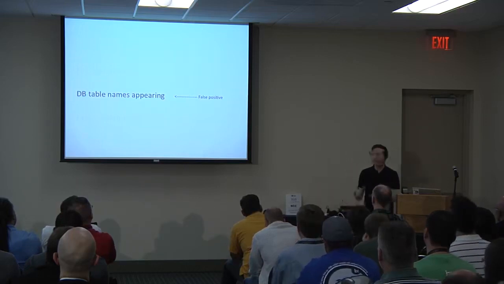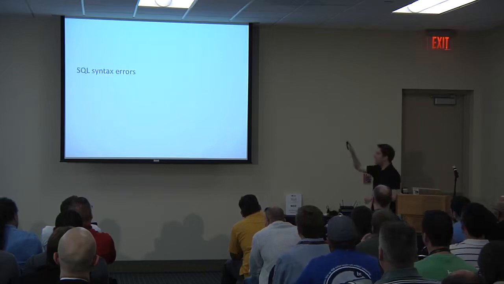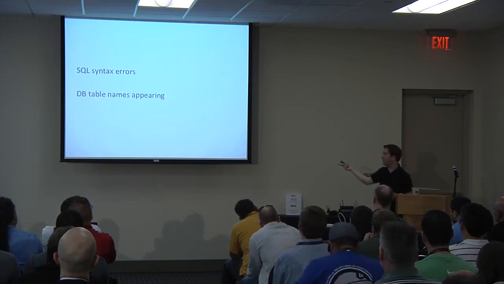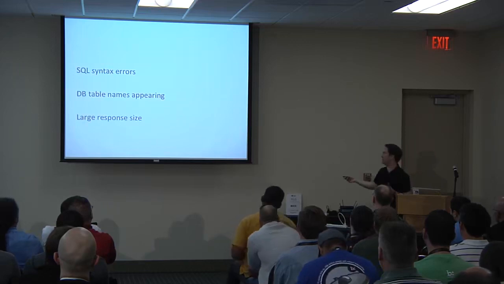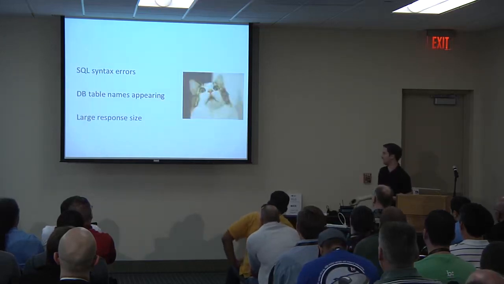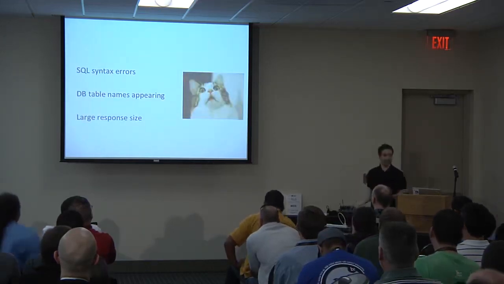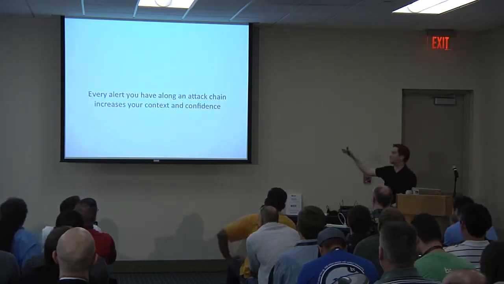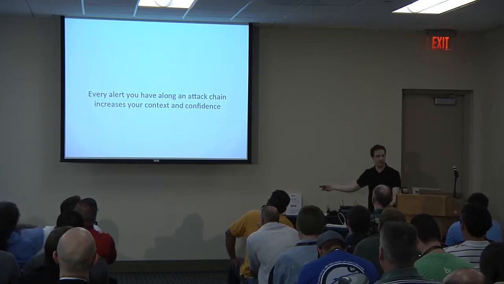But thinking from the other side, if SQL syntax errors goes off, and then database table names start appearing a couple hours later, and then a few minutes later, large response sizes start appearing, and then around the organization, this face starts appearing, you know that something's actually going on, right? Every alert that you have along this chain increases your confidence that something's going on.